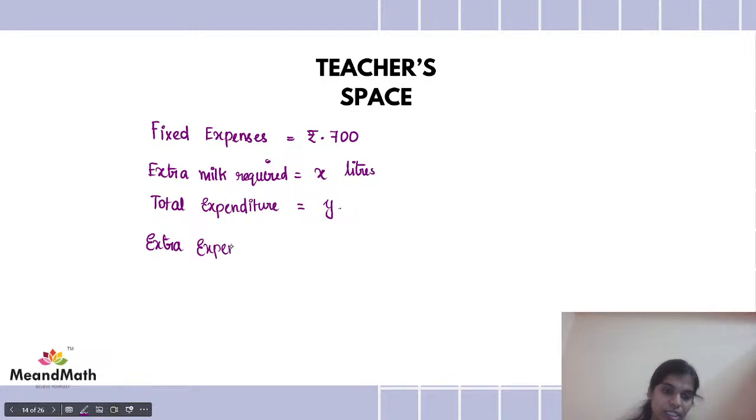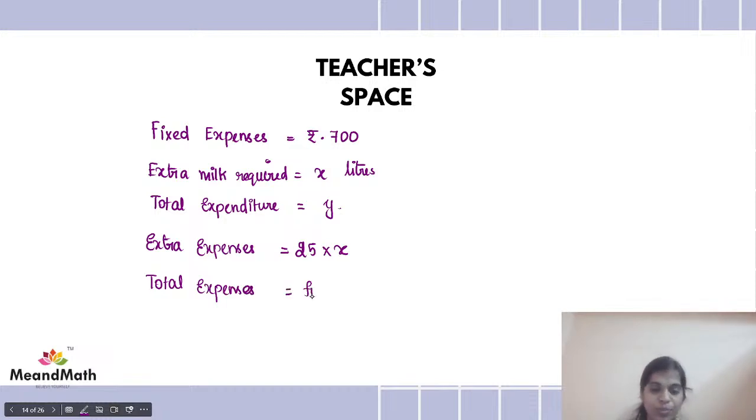Extra expenses will be equal to 25 rupees for each liter, so 25x. Total expenses will be equal to fixed expenses plus extra expenses.